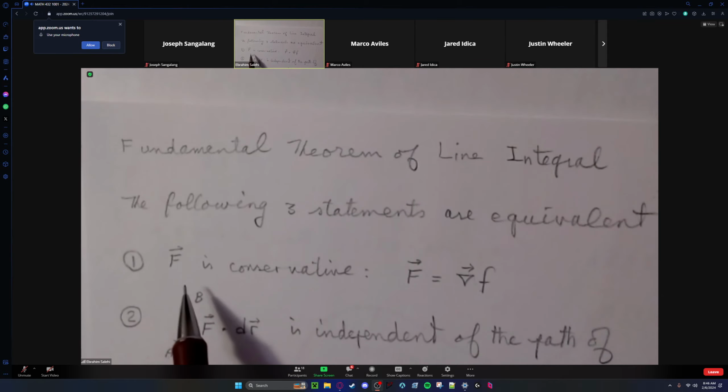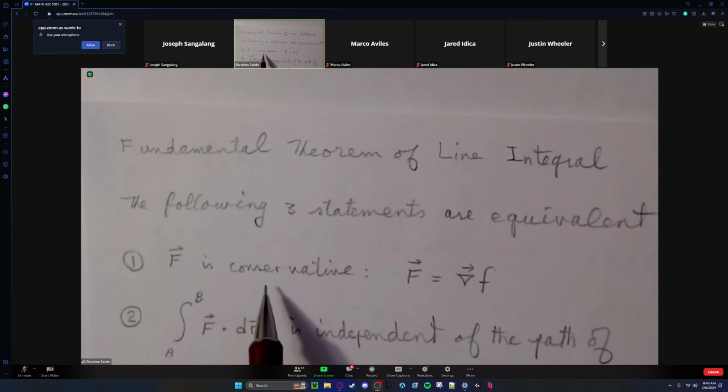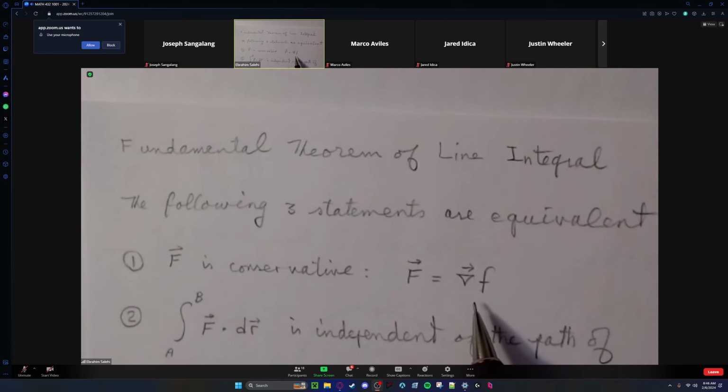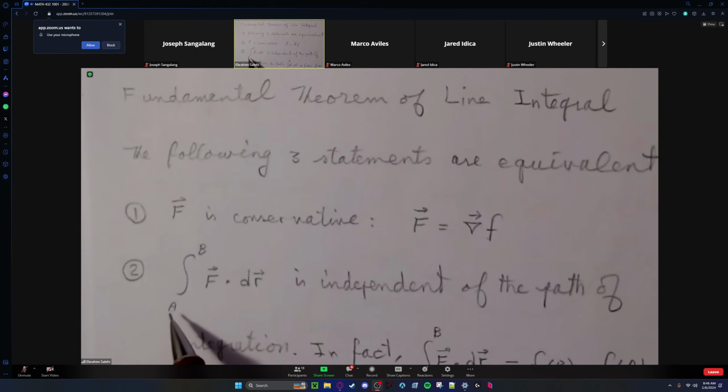Statement number one, the vector field that we are dealing with is conservative, which means that it's the gradient of a function. And if this happens, then the integral over the curve going from point A to point B is independent of the path of integration, independent of that curve. It doesn't matter which curve we choose from point A to point B.